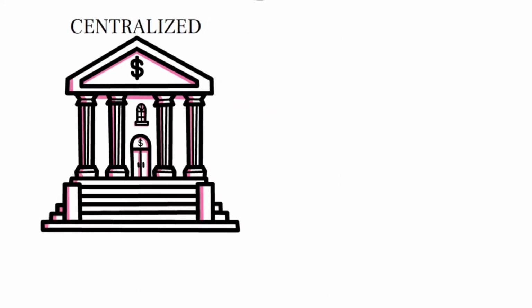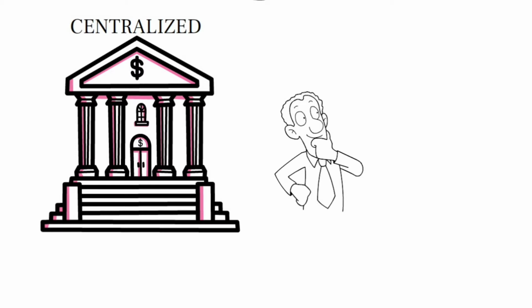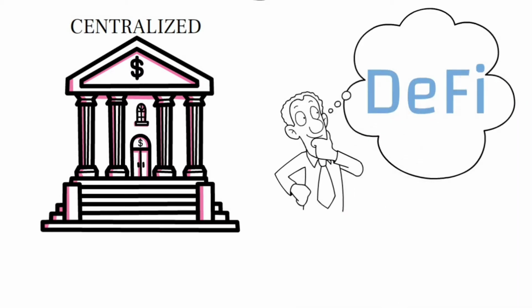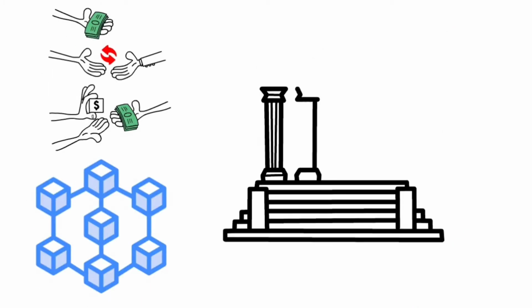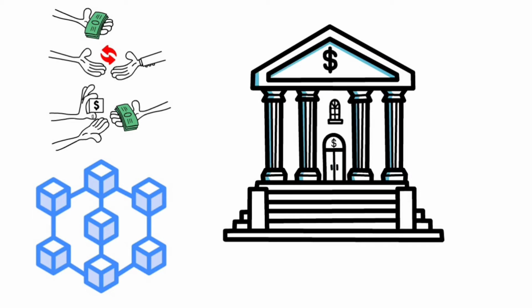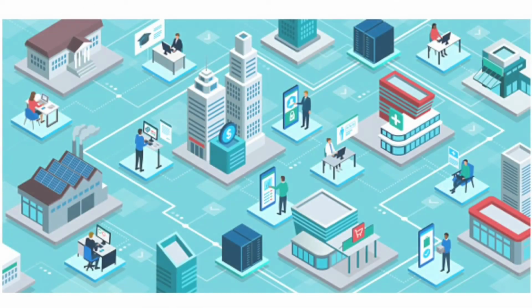In an attempt to solve this situation, we were ushered into a new phase, decentralized finance, which is DeFi, powered by blockchain technology. Now, decentralized finance is a financial system built on the blockchain that does not rely or depend on any centralized financial institution for its operation. DeFi is a financial system that's open for everyone around the world to use without the interference of any third party.